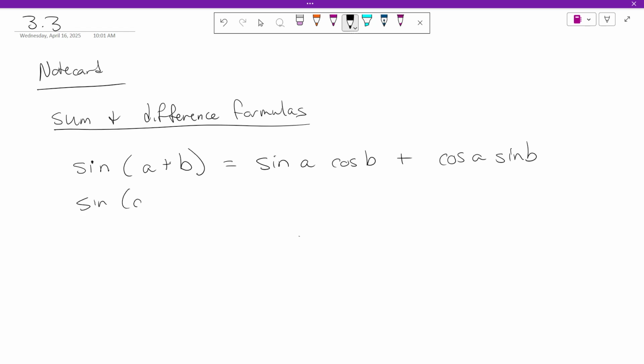Sine of A minus B is sine of A cosine of B minus cosine of A sine of B. So the same formula, just if we have a minus, then it's a minus. If we have a plus, it's a plus.